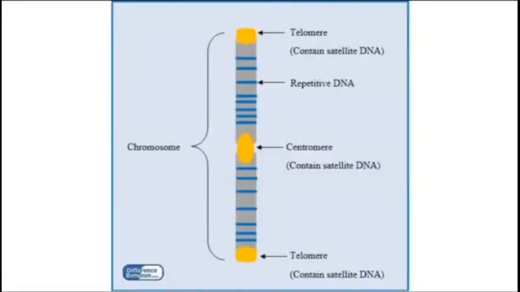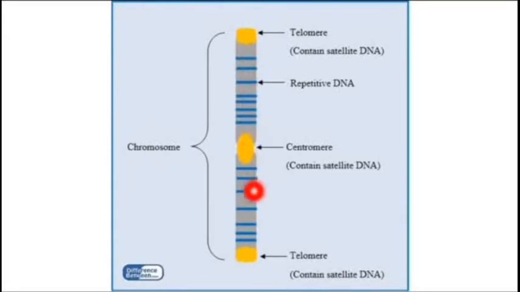When very short sequences of base pairs are repeated many times in DNA, the DNA is called repetitive DNA or satellite DNA. In repetitive DNA, some regions are repeated 100 or 1000 times.